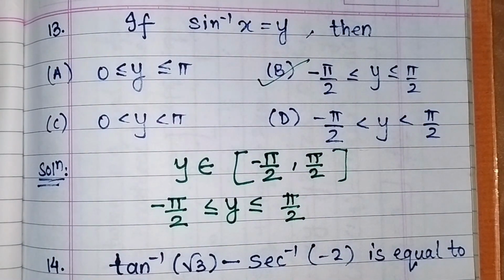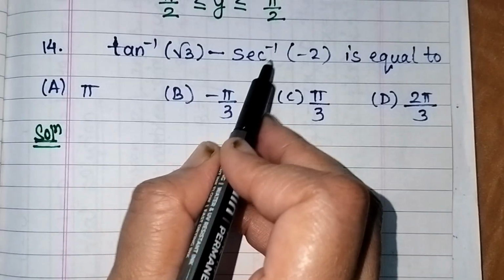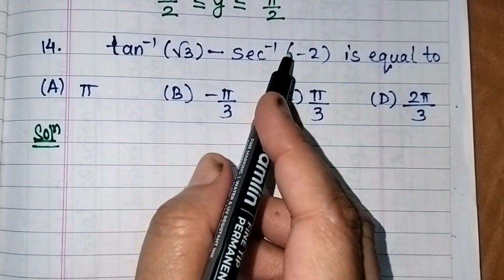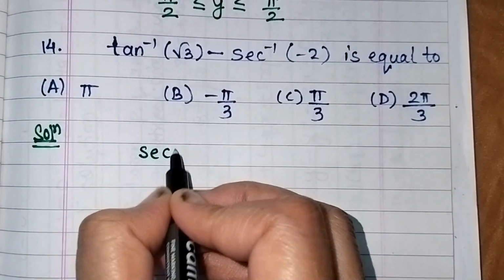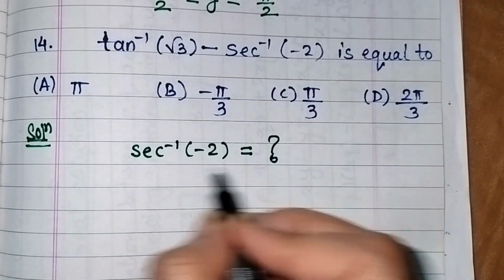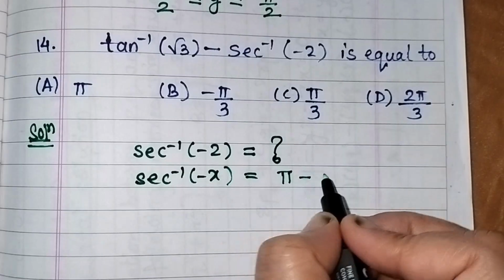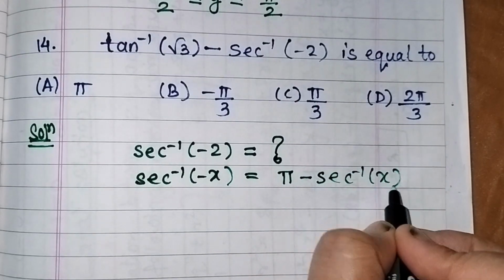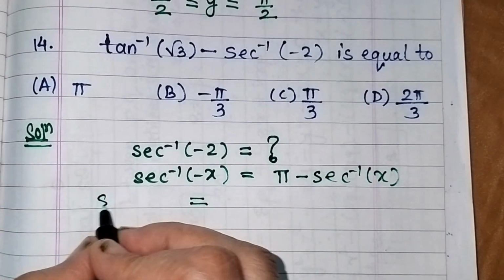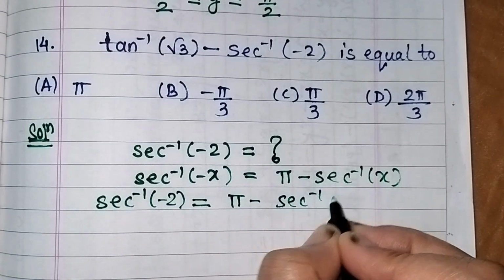Now let's see question number 14. In 14 you have to find the value of tan inverse root 3 minus sec inverse of minus 2. First of all we will solve sec inverse minus 2. As you know the formula of sec inverse of minus x is pi minus sec inverse x, so sec inverse minus 2 is pi minus sec inverse of 2.